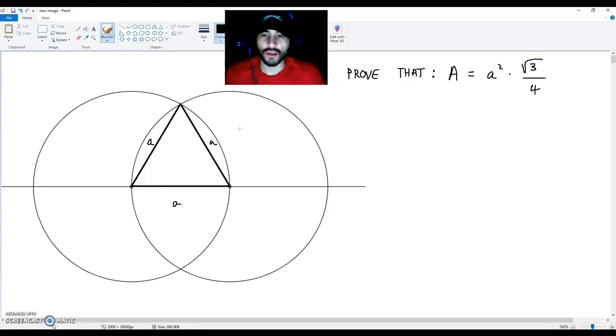Okay, so we've got our diagram of the equilateral triangle, but at the moment it isn't really fit for purpose. In other words, it's not ready for us to make a proof. To make a proof, we're going to need to add something to this diagram.